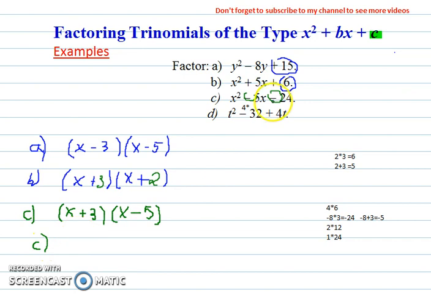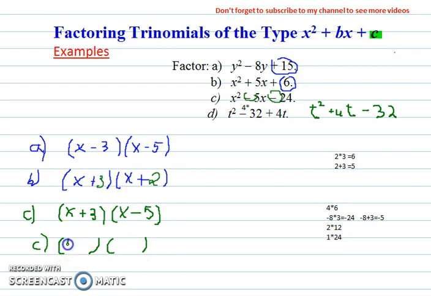If we rewrite it, you can rewrite this one as t squared plus 4t minus 32. So we need two numbers. When we multiply these two numbers, it gives us minus 32. But when we add them, it should give us 4.